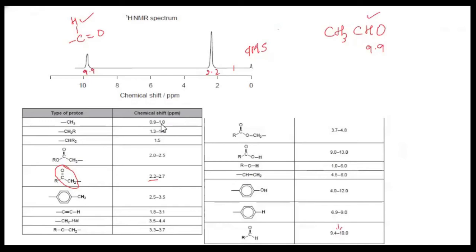Because of the presence of a carbonyl group, the CH3 peak is shifted further away and appears around 2.2 to 2.7. And here we have the data supporting it. Here it is shown as CH2, but in this group you can assume it to be hydrogen, so that doesn't affect our answer. So the 2.2 corresponds to the CH3 group of the molecule.